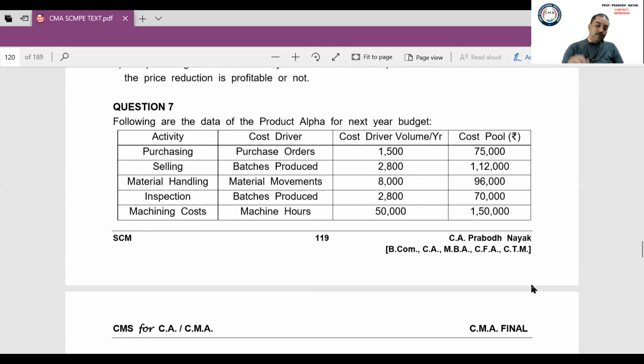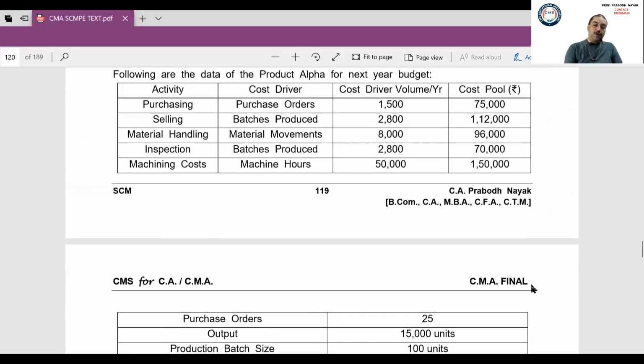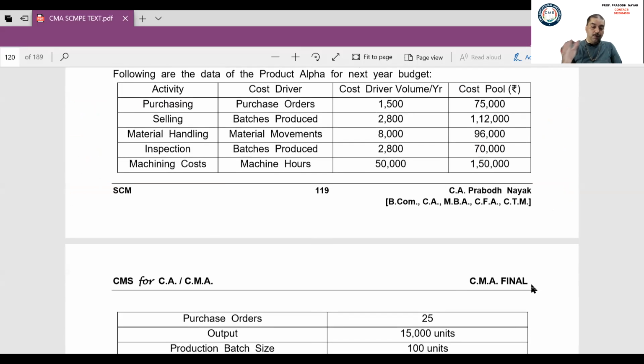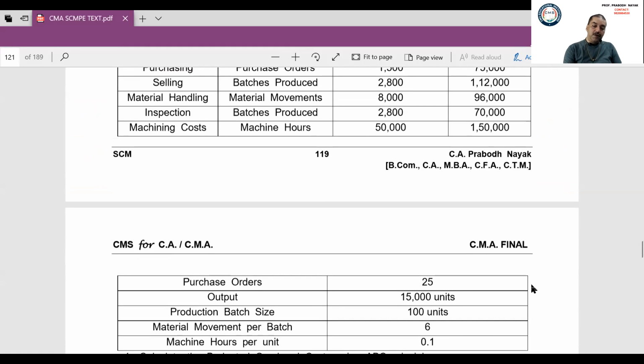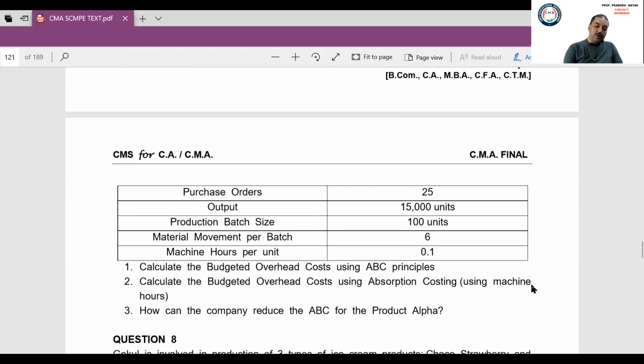Come to question 7. Following are the data of the product alpha for the next year's budget. Activity, cost driver, quantity, and cost pool are given. So you have to calculate the cost driver rate. All the figures are given: purchasing, selling, material handling, inspection, machining cost. Purchase orders are given.